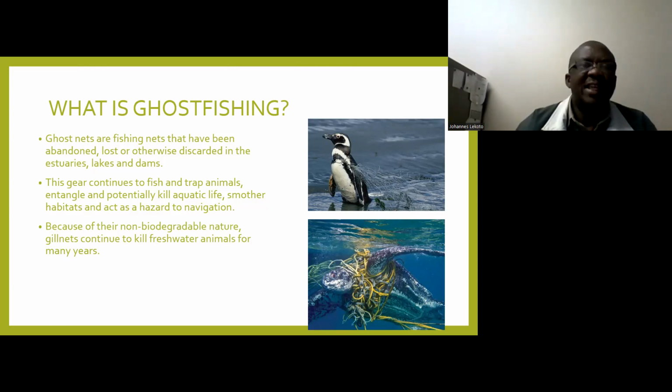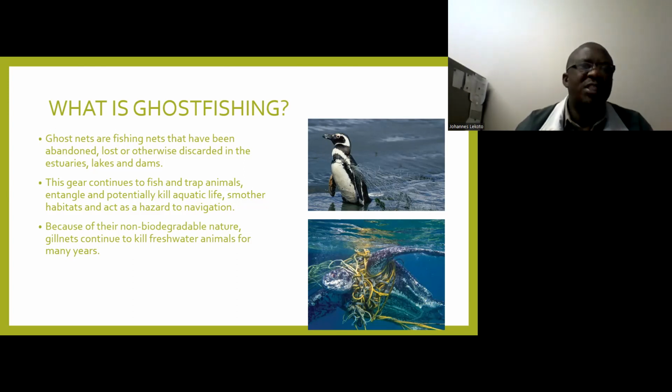This gear continues to fish and trap animals, entangle and potentially kill aquatic life, smother habitats, and act as a hazard to navigation. Because of their non-biodegradable nature, gill nets continue to kill freshwater animals for many years.